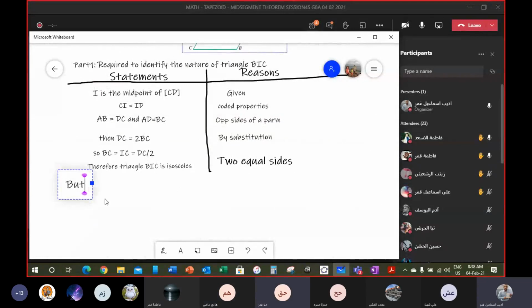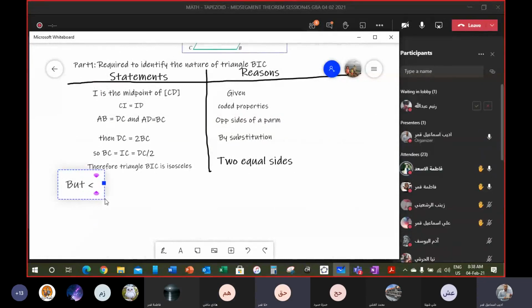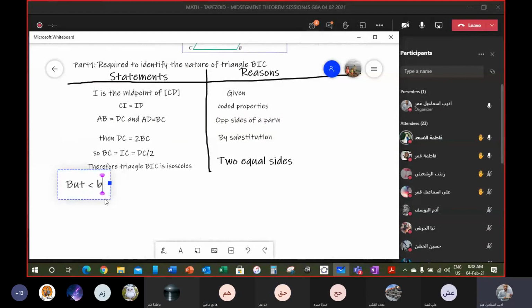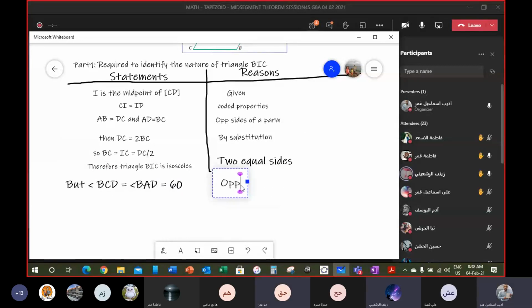Good. فإذا angle BCD equal للangle BAD equal how much? 60 degrees. هودي شو بقول على جنبهم؟ Opposite angles of a parm.